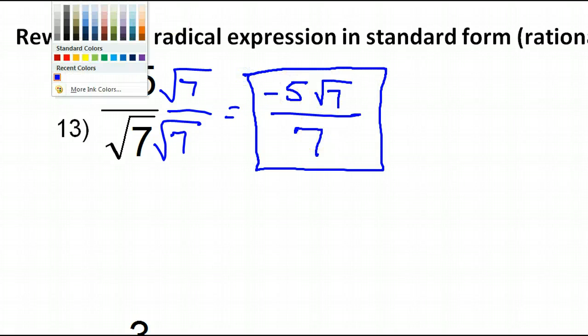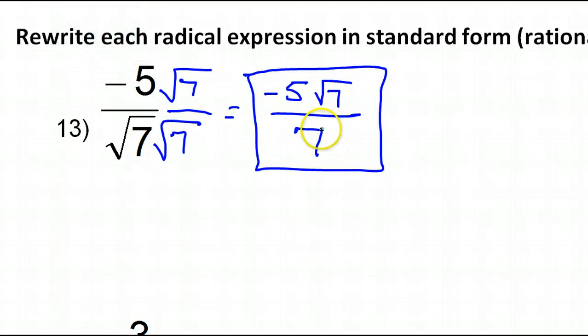Please notice that we cannot do anything like this. Oh, the 7s cancel out. Whoa, too much. This is just a 7. This is the square root of 7. You cannot divide a normal number with a number that's inside of a radical. So that's it for number 13.